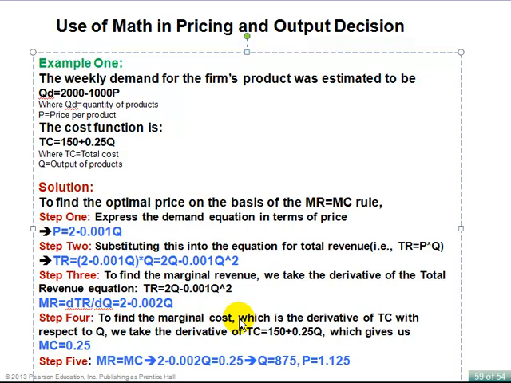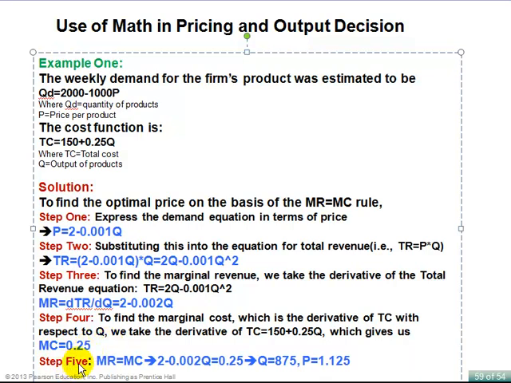To find the marginal cost, which is the derivative of TC with respect to Q, we take the derivative of the total cost equation. Total cost is 150 plus 0.25 Q, which gives us MC is 0.25.